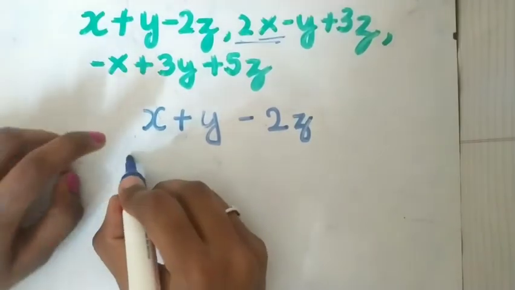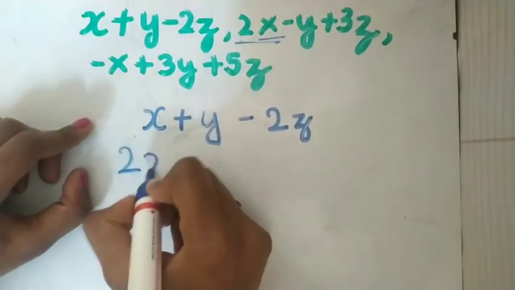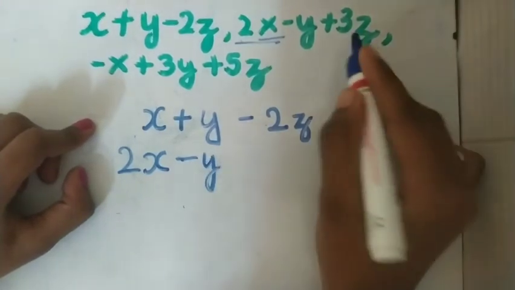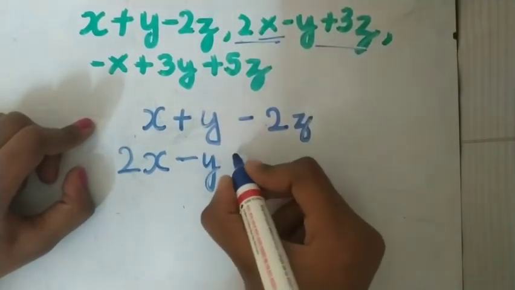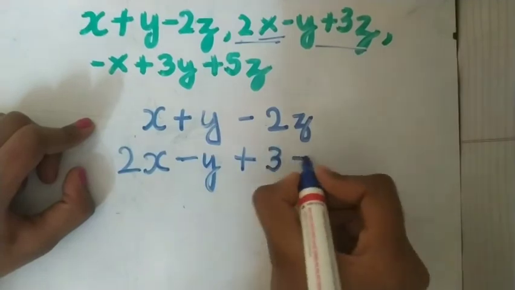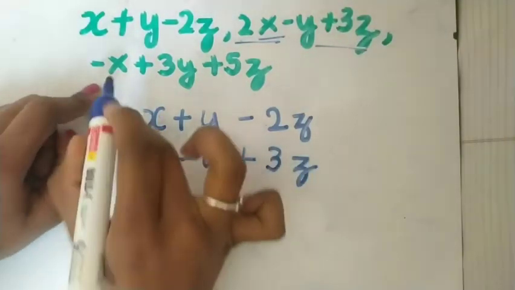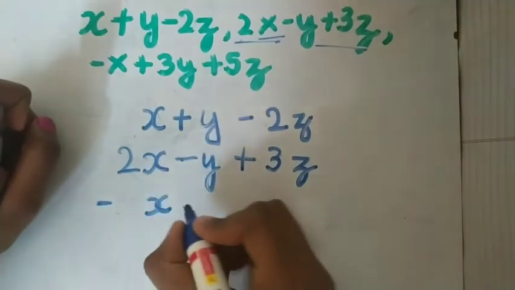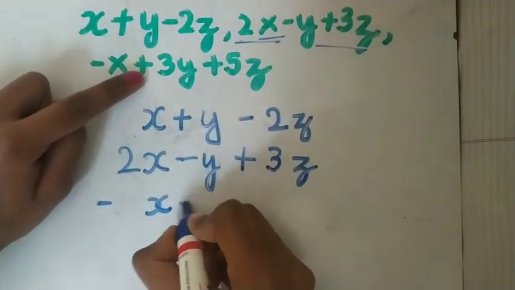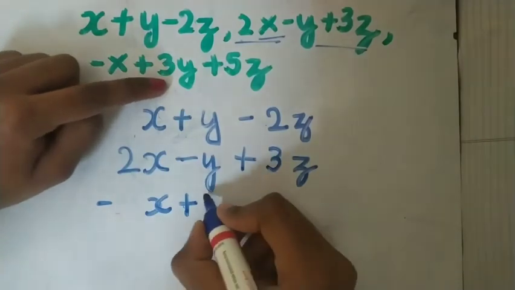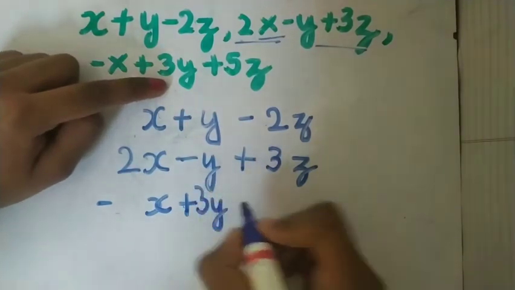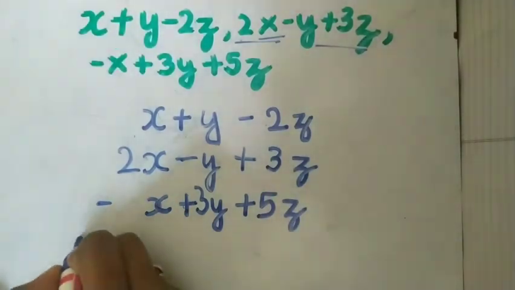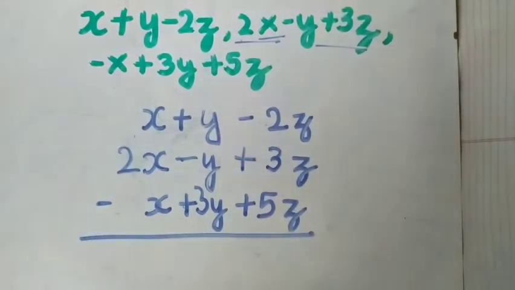So let's write in the x column: 2x minus y plus 3z. And the next is minus x plus 3y plus 5z. Okay, so now let's add everything.